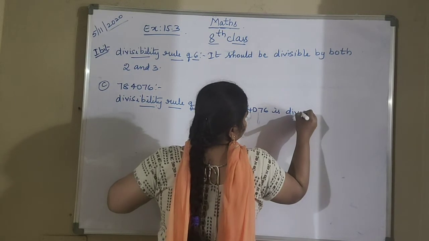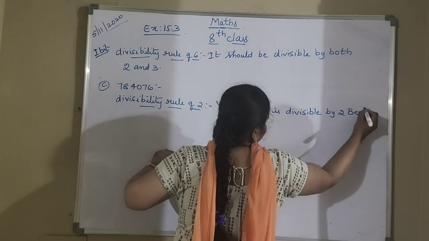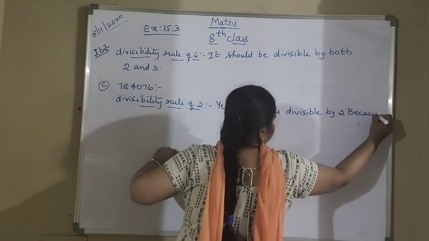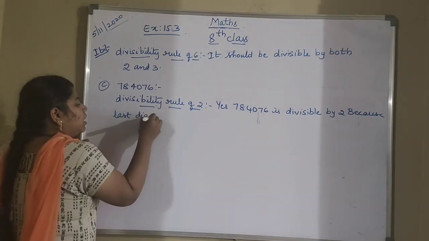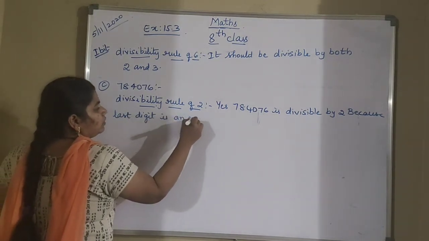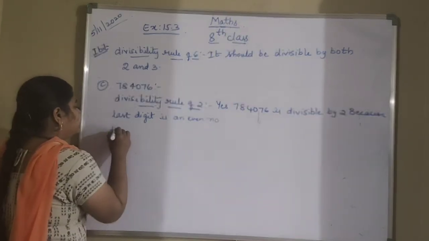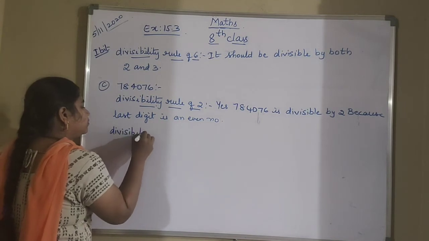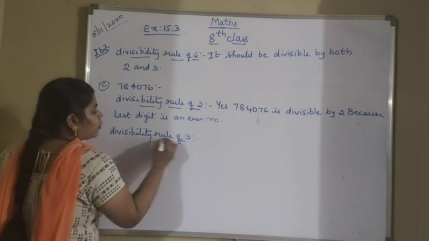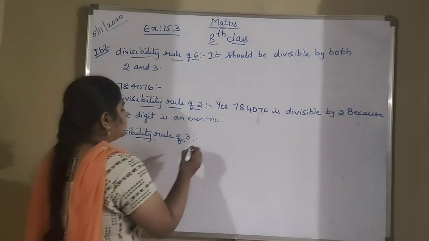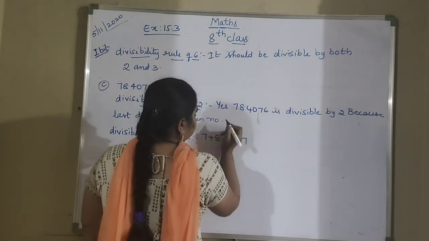784076 is divisible by 2 because the last digit is an even number. So next is the divisibility rule of 3. We have to add all the digits: 7 plus 8 plus 4 plus 0 plus 7 plus 6.